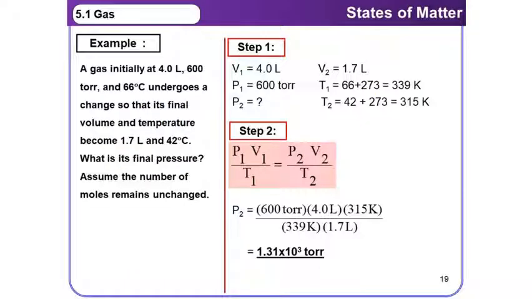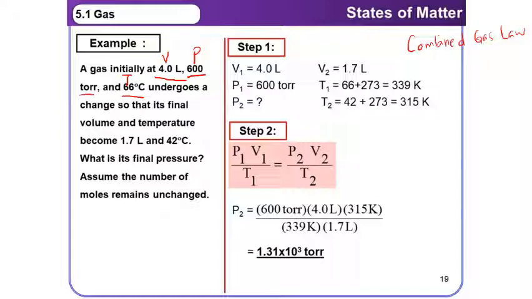Let's look at one example which involves the combined gas law. A gas initially at 4 liter volume, 600 torr pressure and 66 degrees Celsius temperature undergoes a change so that its final volume and temperature become 1.7 liters and 42 degrees Celsius.